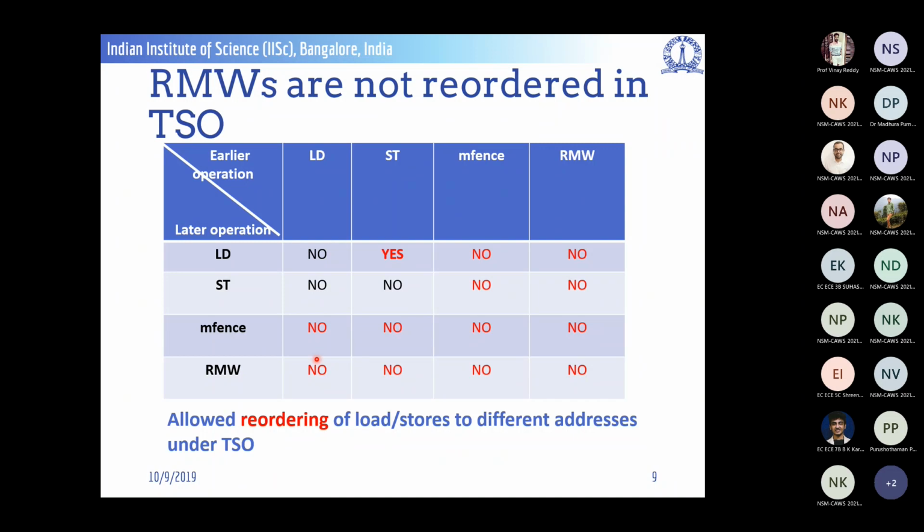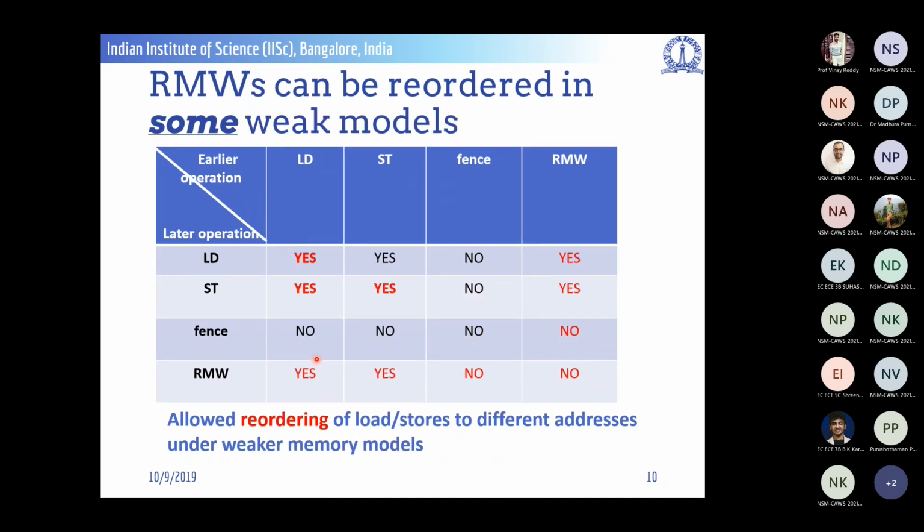On the other hand, weaker models might allow the reordering of loads and stores with the RMW itself. This depends on the particular memory consistency model.